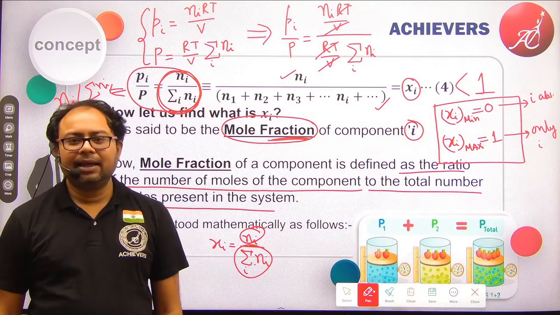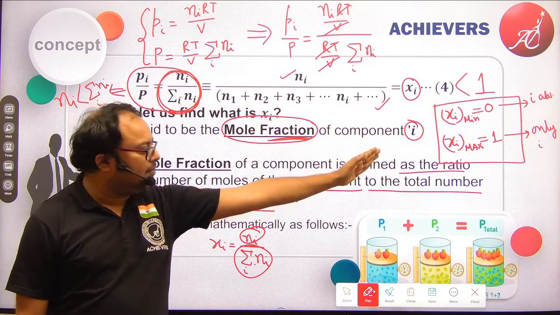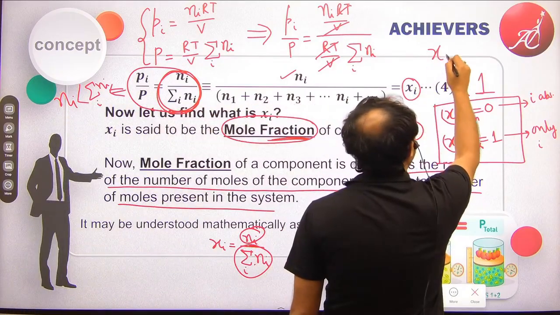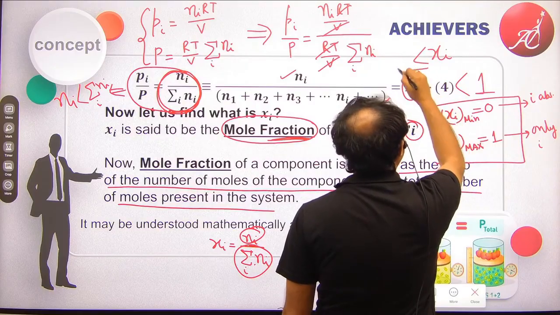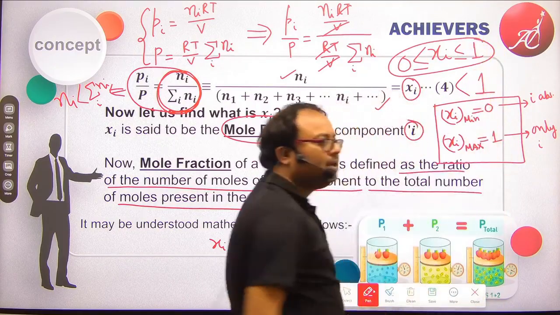That means the minimum value of xi is 0 and the maximum value of xi is 1. Xi varies from 0 to 1.